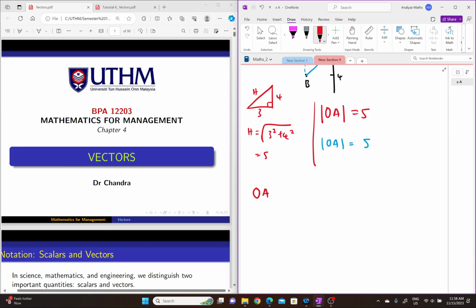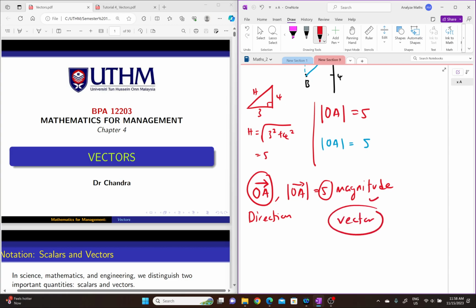Normally we put an arrow going from O to A. It has a direction now, and it has a magnitude. The magnitude is 5. The length we call the magnitude. Any measurement, any unit, with direction and magnitude is known as a vector.